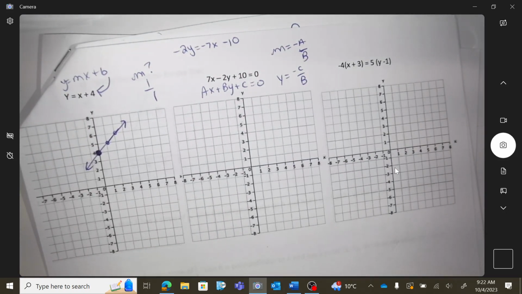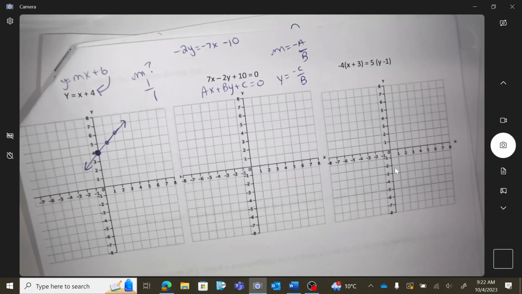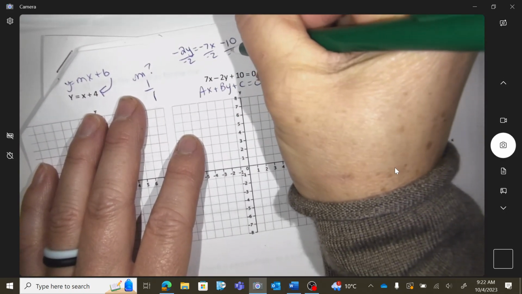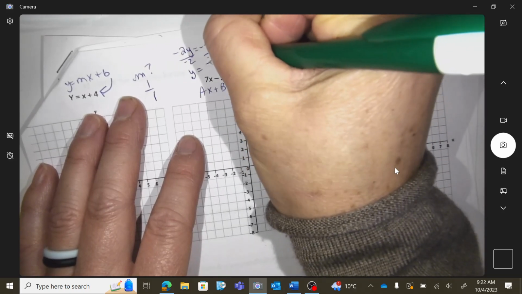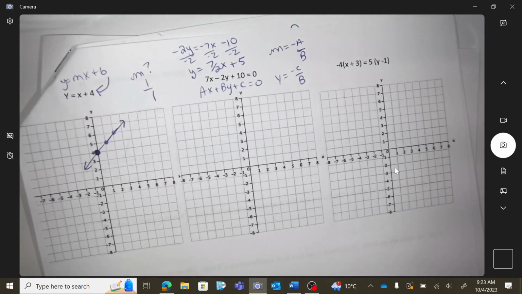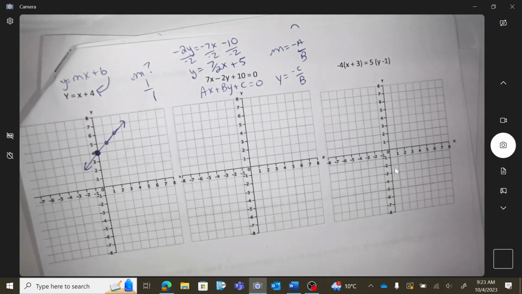So in my algebra, I keep the y stuff, I moved the x stuff, and I moved the number. So you should get the same findings though.